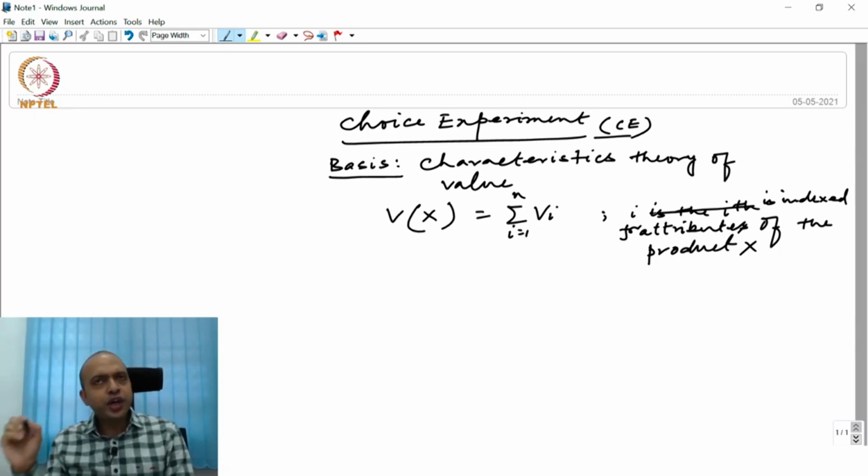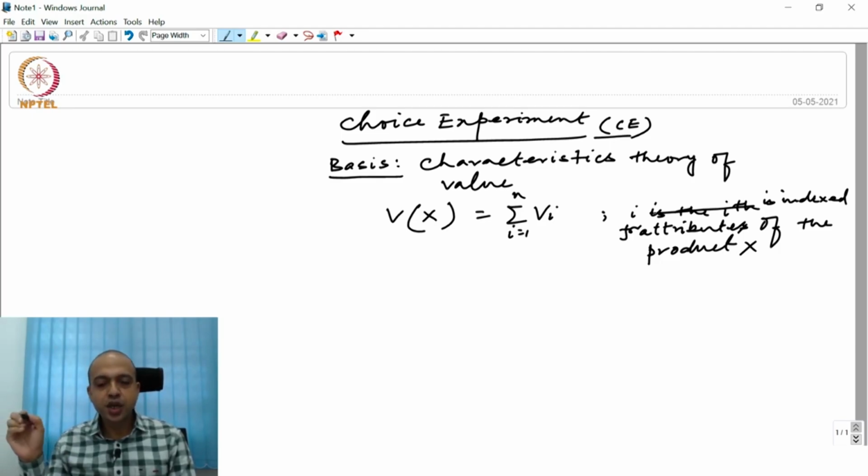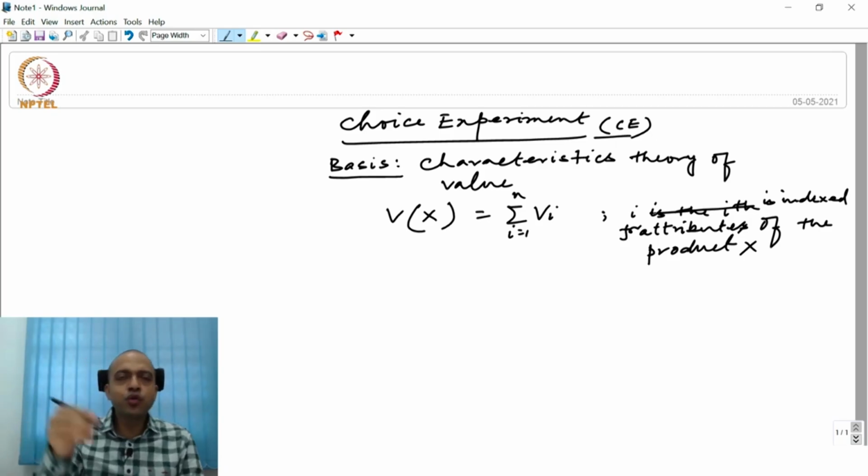Even though this technique is nowadays widely used in the context of valuing environmental goods and services, it was originally proposed for market research. What does it mean? Suppose a company would like to introduce a new product which is an improvement over its existing product.